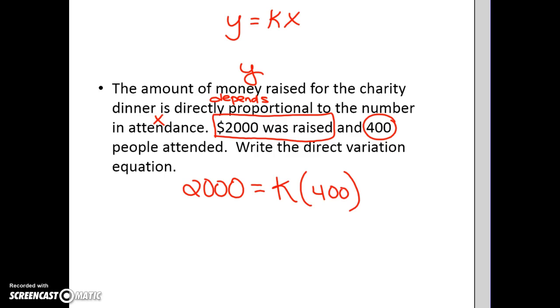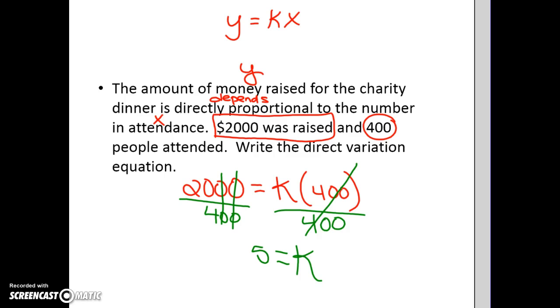So I undo multiplication, division, dividing by the 400 to get the k by itself, dividing on both sides by the 400, cancels, k equals 2,000 divided by 400 is 20 divided by 4, 5. So I write my direct variation equation, y equals 5x.